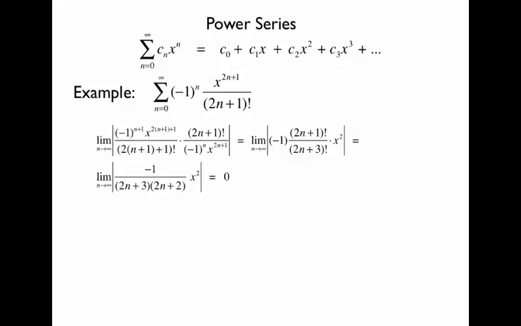The limit has to be less than 1, right? So for what values of x is the limit less than 1? All values of x. The thing's going to go to 0 anyway. No matter what x is, the limit will be 0. That's cool.